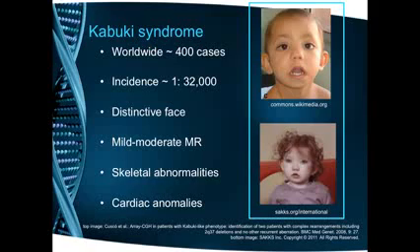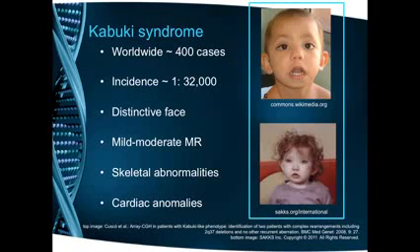The facial features that you can see in these kids are high arched eyebrows, very long eyelids with dense eyelashes. They also have a flat tip of the nose and prominent ears. Worldwide, only 400 cases have been described. The incidence listed here is the incidence in Japan, but all ethnicities have been affected. And so it's fairly rare.